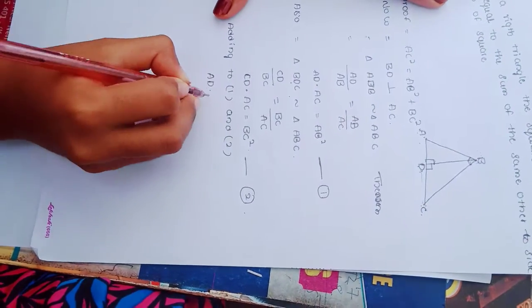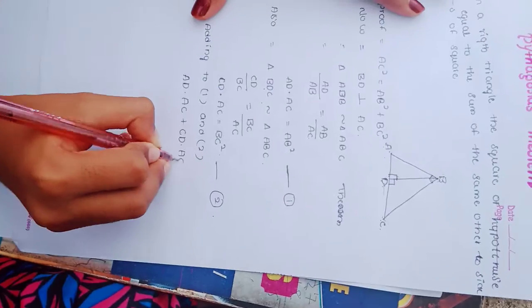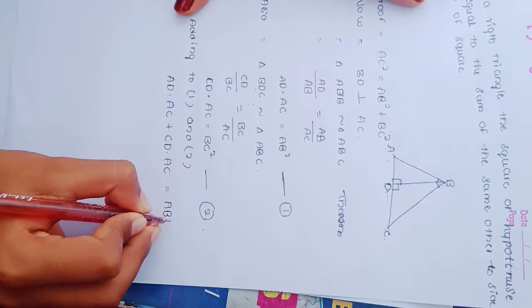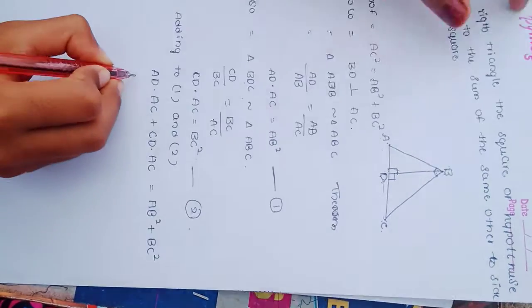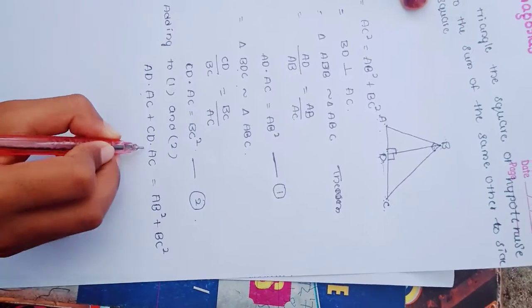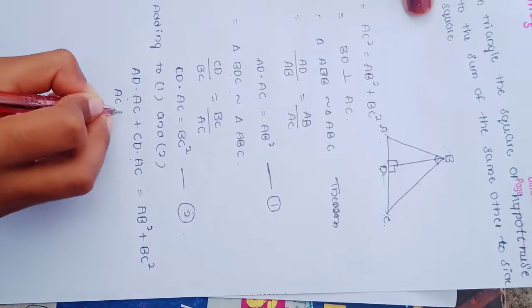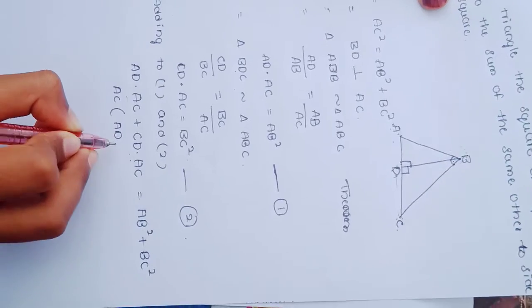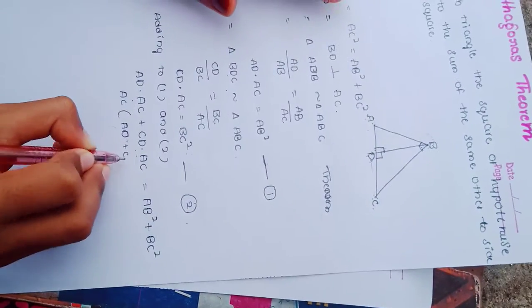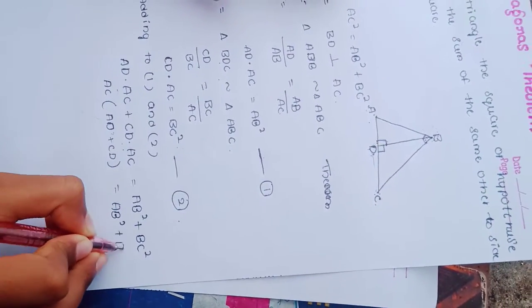AD into AC plus CD into AC is equal to AB square plus BC square. AC is common, so we take only one AC, and in the bracket we can write AD plus CD, equal to AB square plus BC square.